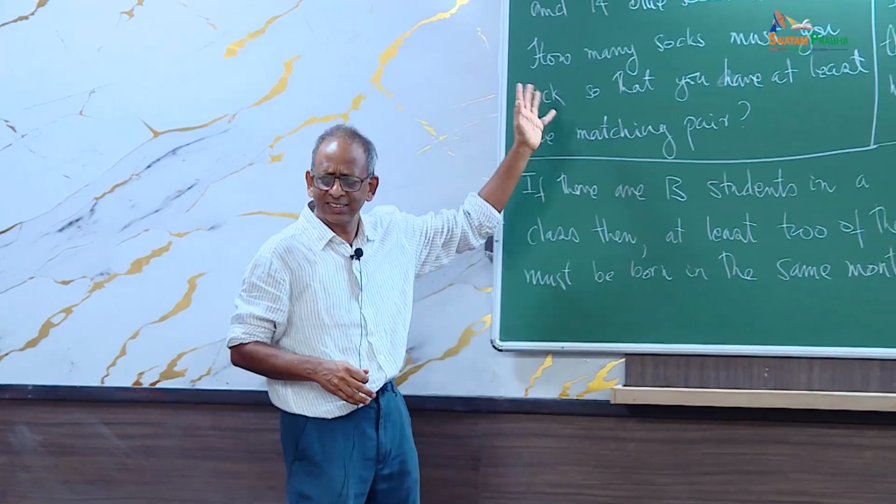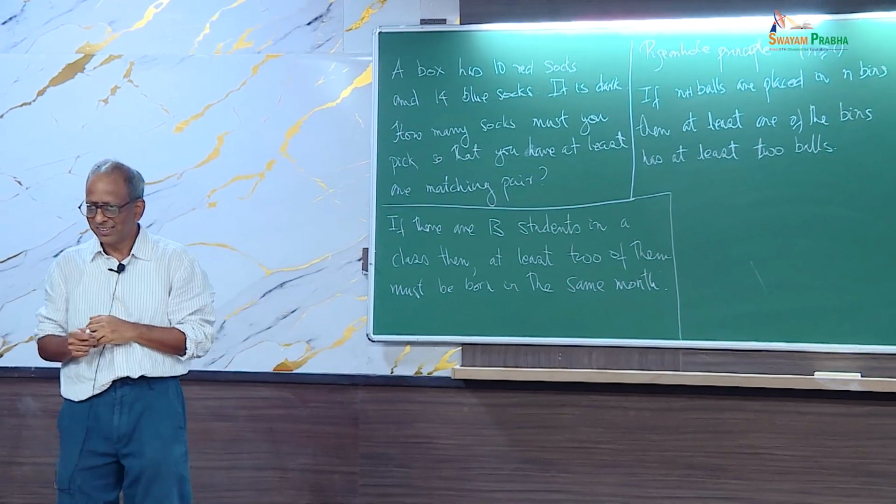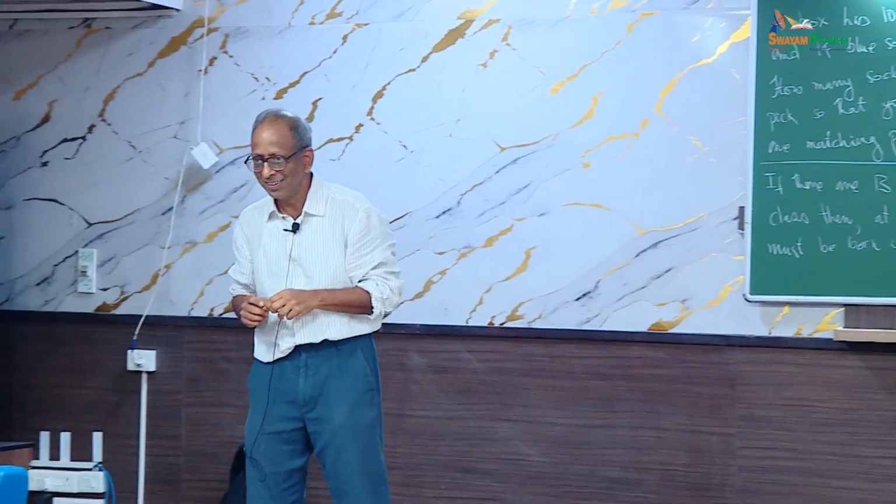And in this case, what are the bins and what are the balls? Colors are the bins. So how many bins do we have? 2. 1 corresponding to red and 1 corresponding to blue. And if you picked 3 balls, they are placed in the bins, meaning they have the color. So one of the bins must have 2 of them, okay?